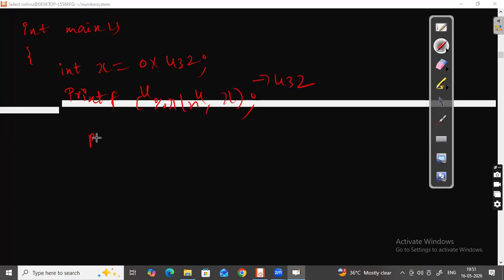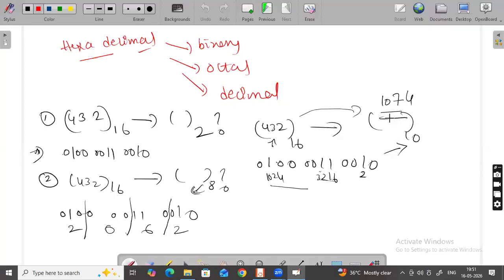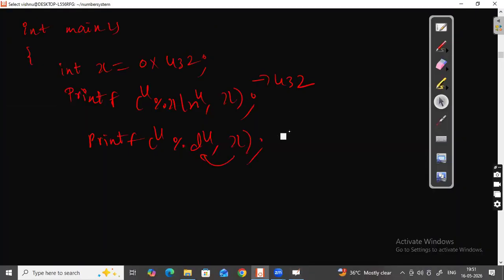And if I print printf("%d", x), what is x? 432 in hexadecimal. If you print x, which is hexadecimal, in terms of decimal, what is the output printed? See here, decimal format, which is 1074. This answer is 1074.